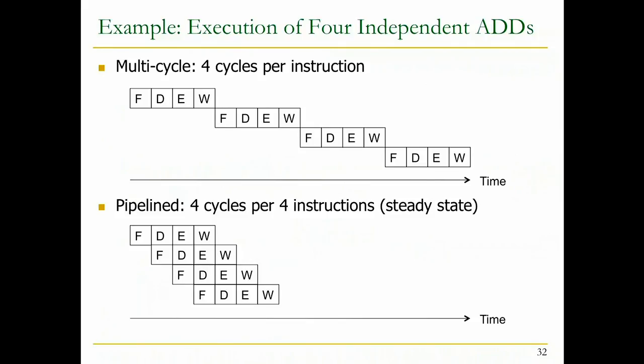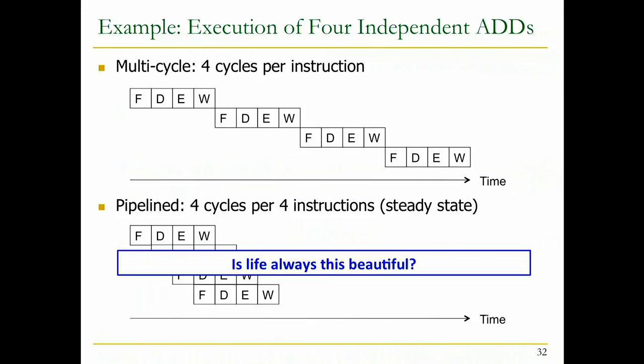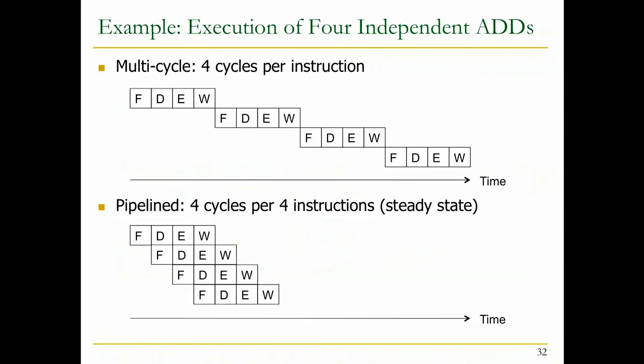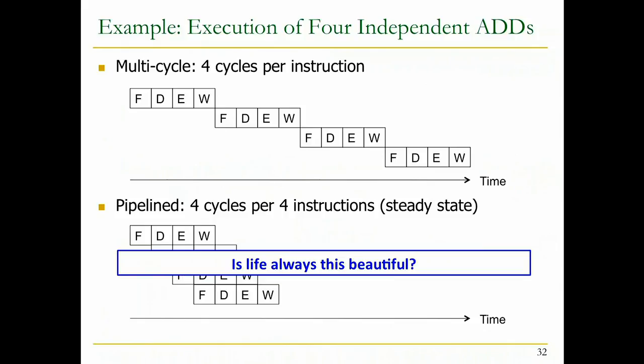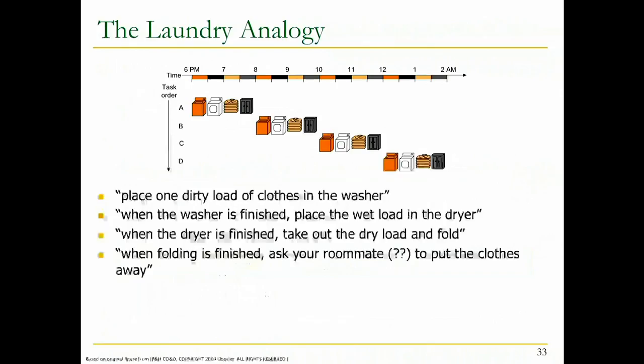Make sense? But of course, life is not always this beautiful. But this is the beautiful case. Ideally, with an ideal pipeline, this is what you would get in terms of throughput. But there are a lot of non-idealities in other things also. And we'll talk about those non-idealities and how to handle them.